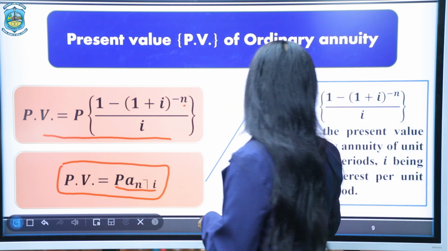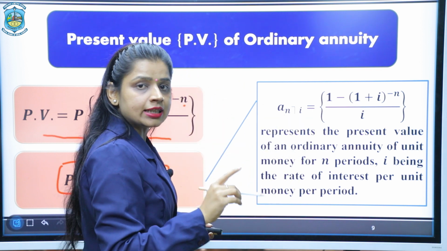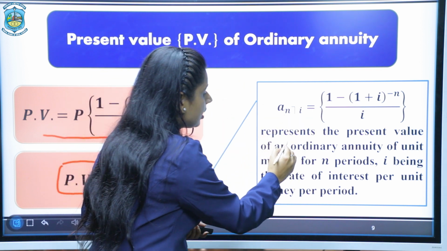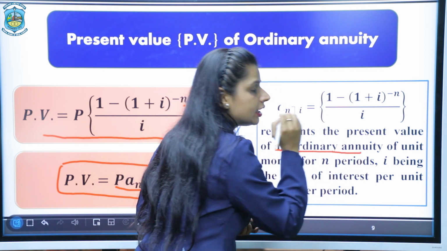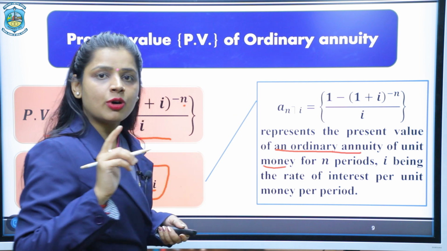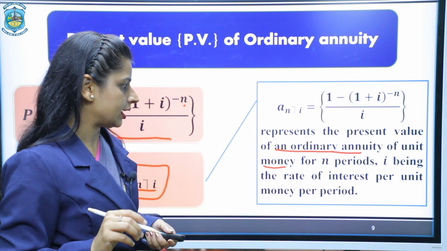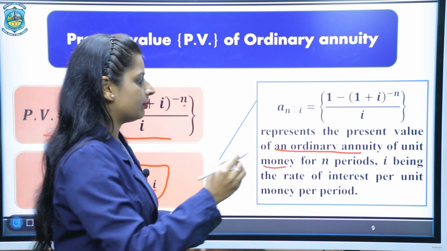This a angle n at i is the quantity that represents the present value of an ordinary annuity of unit money for n periods, with i being the rate of interest per unit money per period.